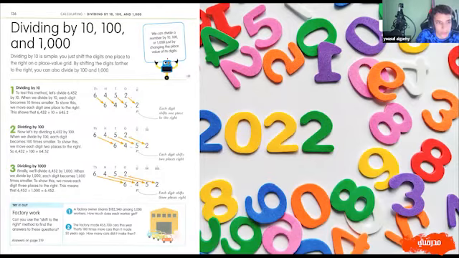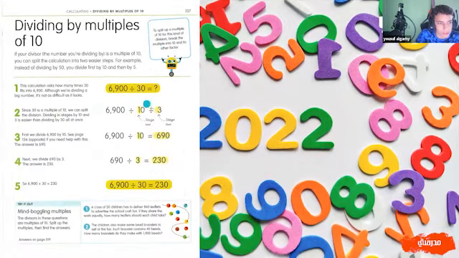Okay, so now we have dividing by multiples of 10. Here we have the equation 6,900 divided by 30. To make this easier, 30 is 10 times 3. So we can do 6,900 divided by 10 divided by 3. So 6,900 divided by 10 is 690.